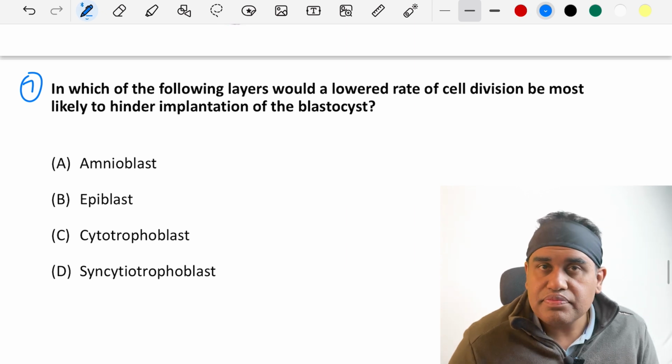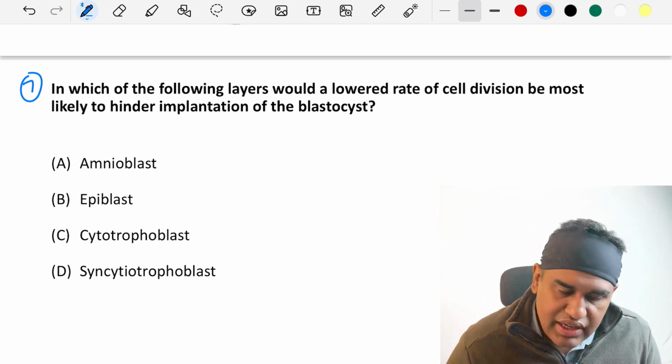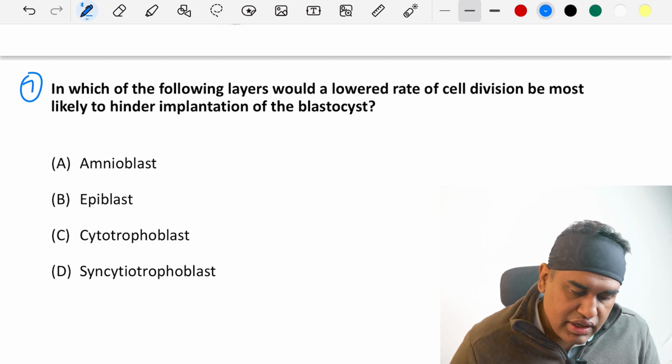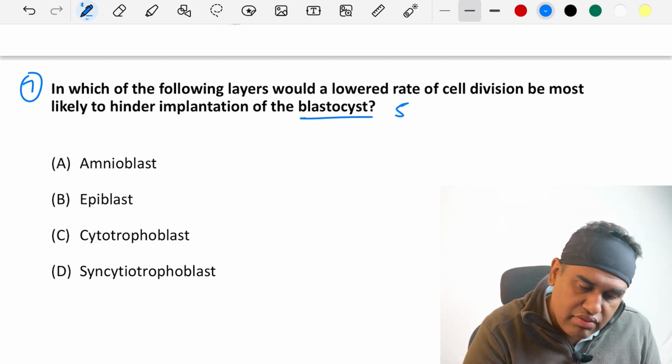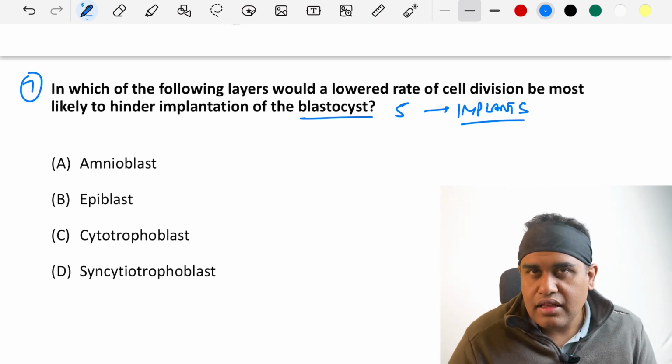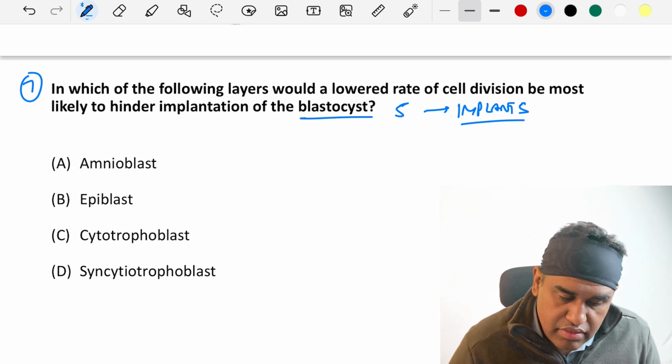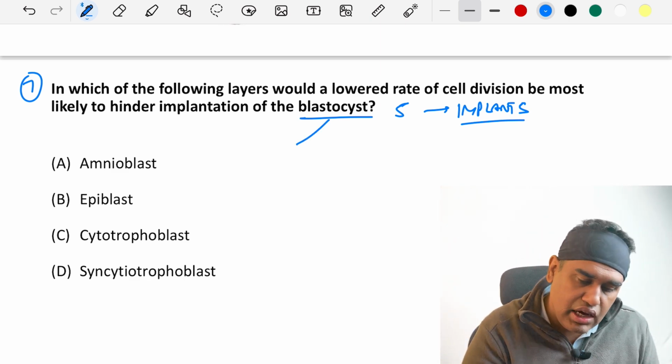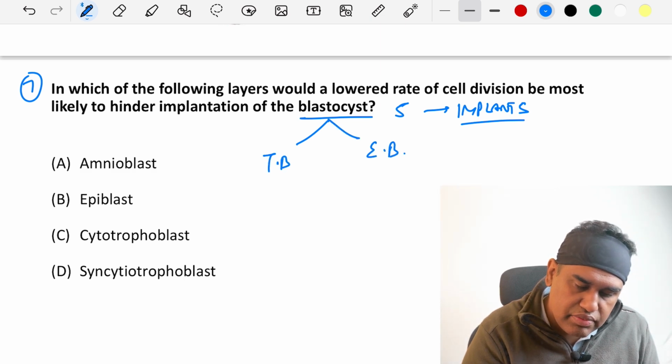In which of the following layers would a lowered rate of cell division be most likely to hinder implantation of the blastocyst? We all know that the blastocyst is formed around day 5 and starts to implant around day 6. When the blastocyst is formed, you have an outer covering known as the trophoblast and an inner part known as the embryoblast.